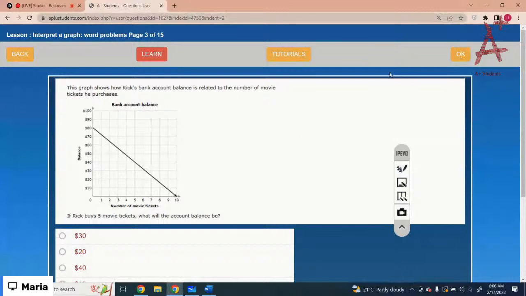So if he buys 5 tickets, his account balance is $40. Got it? That means the correct option is $40. So just select the correct option and click on the OK button.